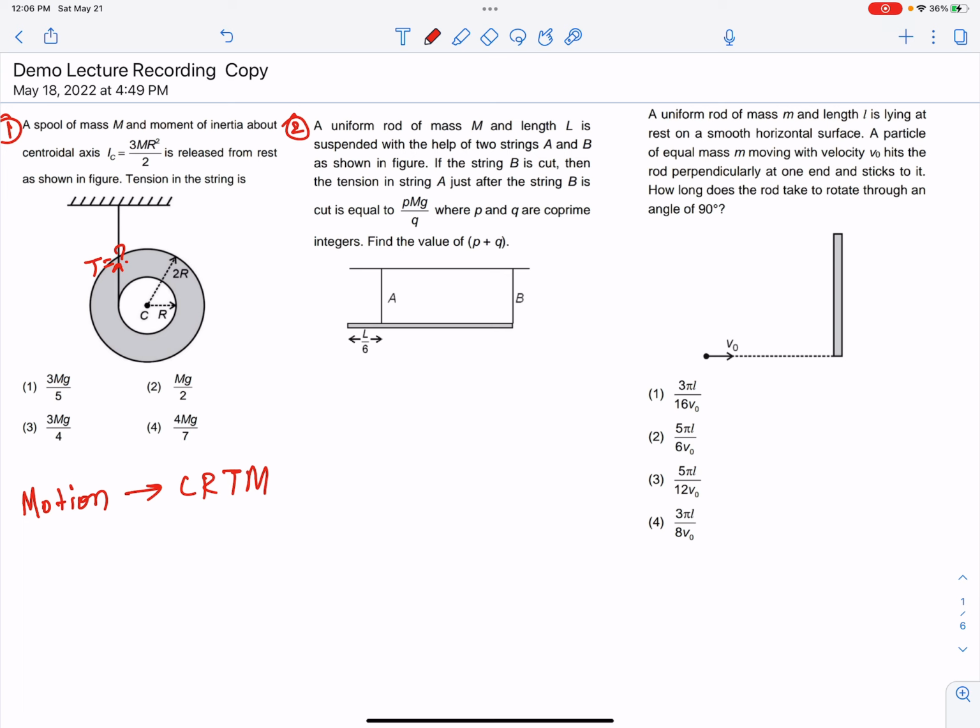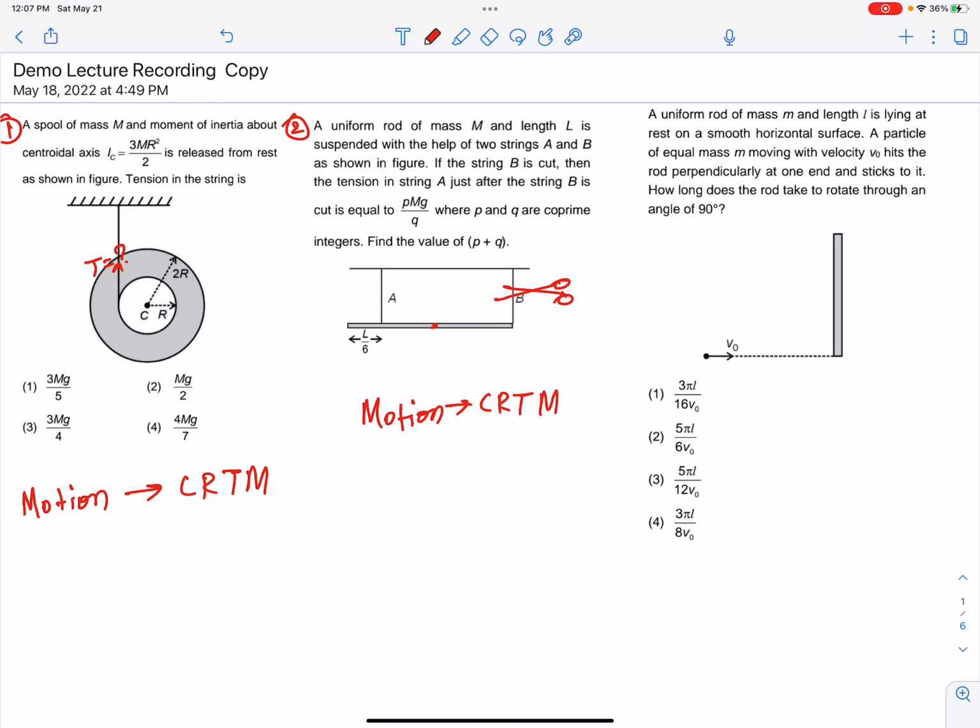Find the value of P plus Q. So look here, we are going to cut the string B. If you cut the string B, it's going to rotate because the center of mass of the rod is here. So the angle of this rod is going to change from the initial, and the center of mass is also going to move. So the motion will again be combined translational plus rotational, that means CRTM, right?